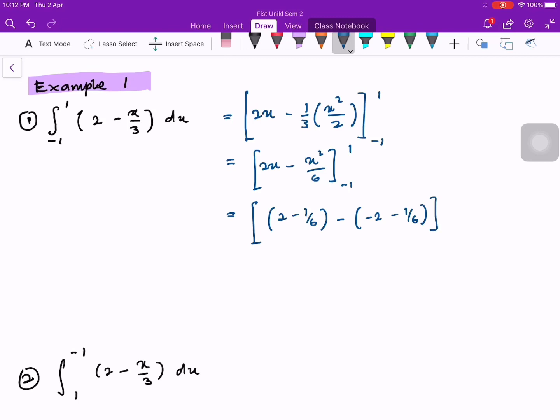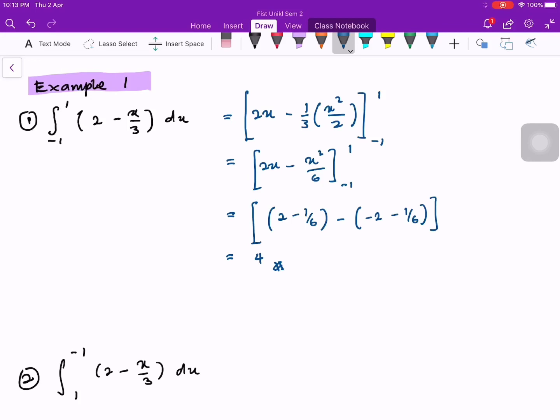Then after that, saya selesaikan, saya akan dapat 2 minus 1 over 6, and minus (minus 2 minus 1 over 6), I'm supposed to have 4. So dekat sini saya akan dapat 4.